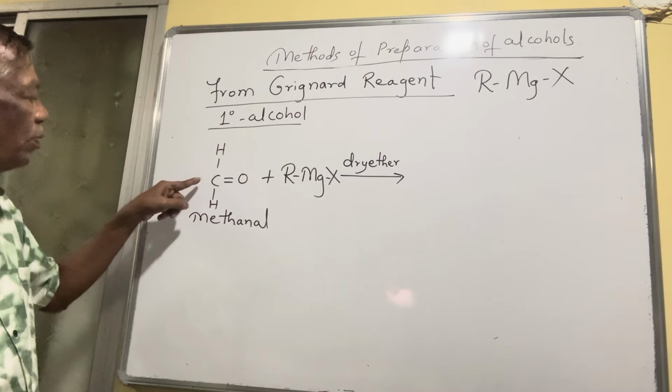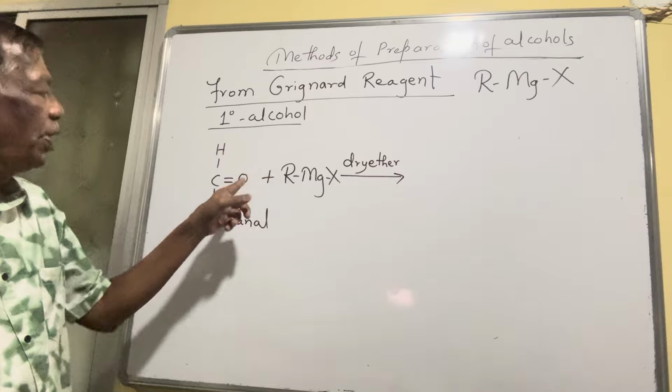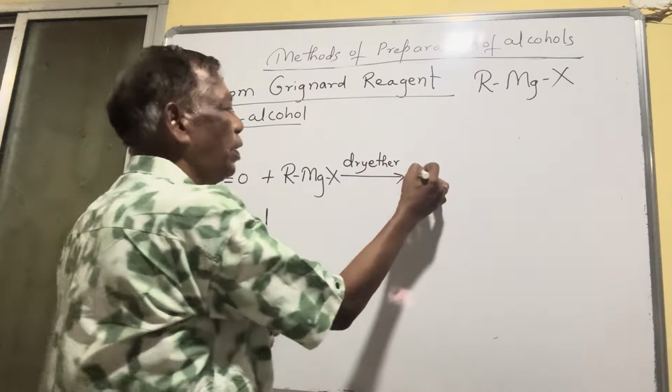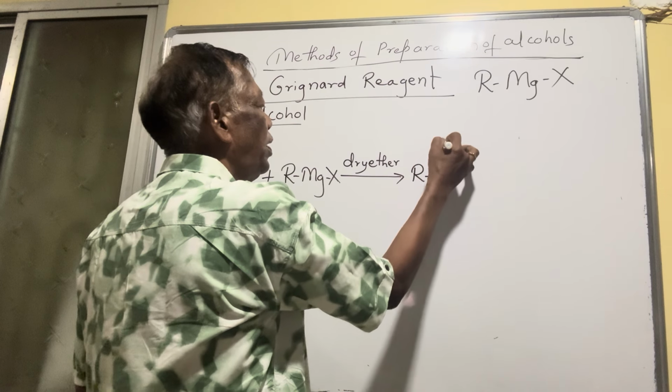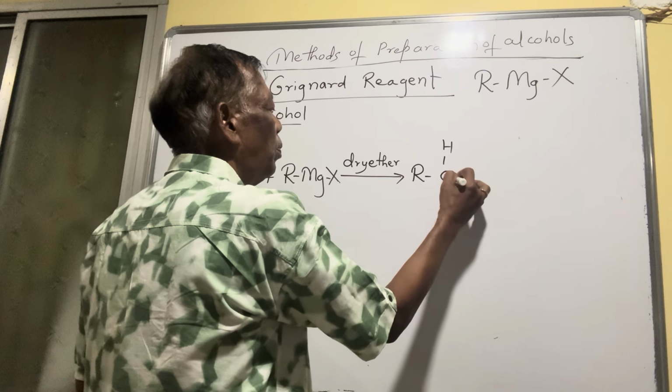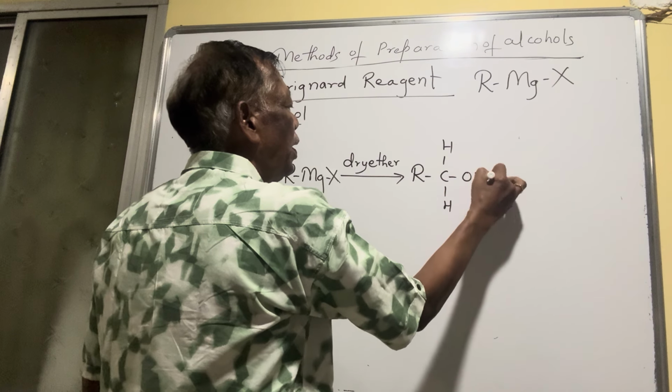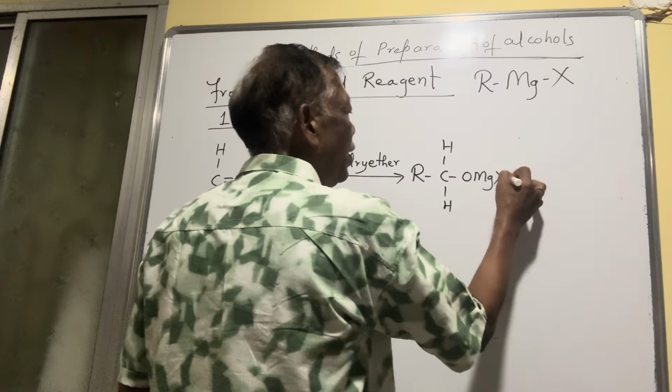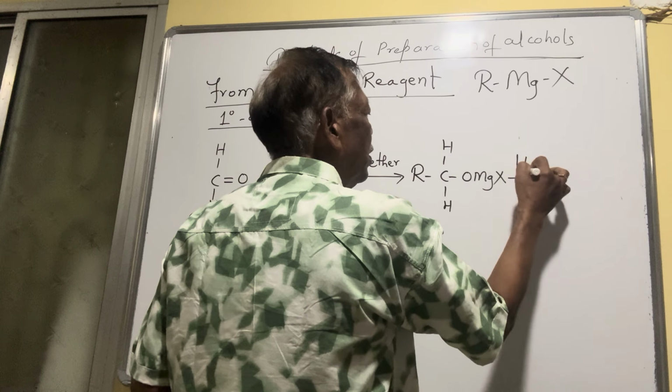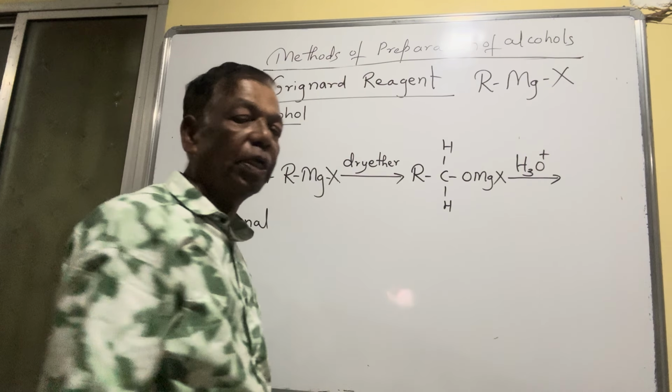So R will add to this carbon. MgX will add to always what? O. So what we'll get here will be RCH2OMgX. Then hydrolyze by adding acidified water, which you can write as H3O+.